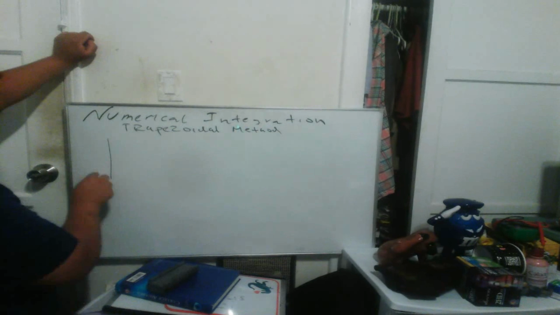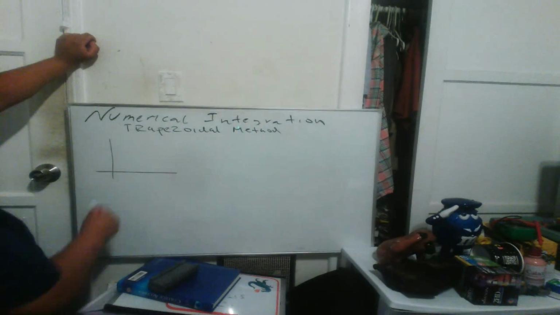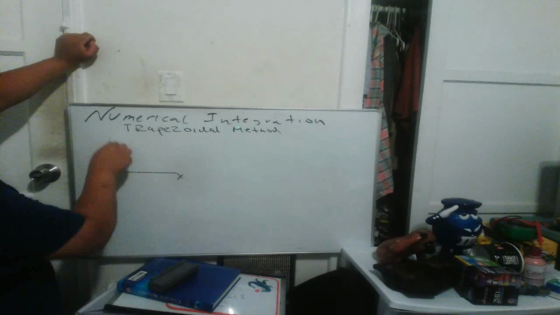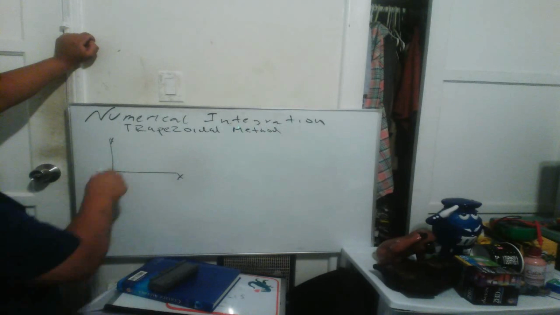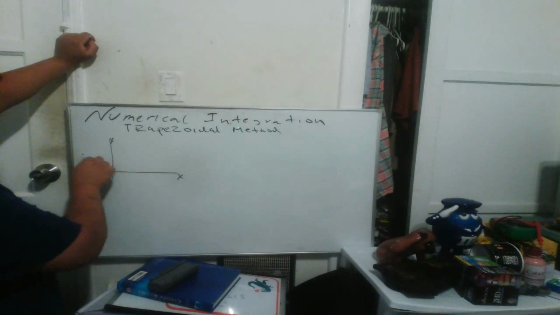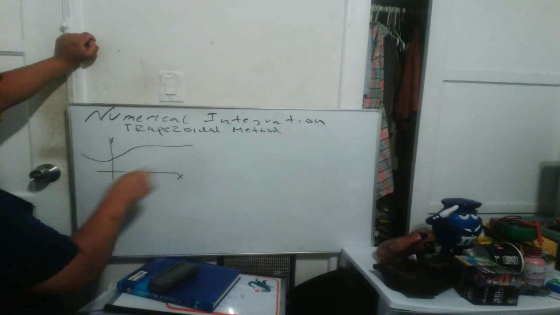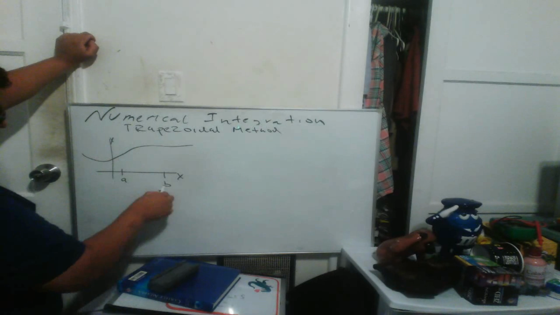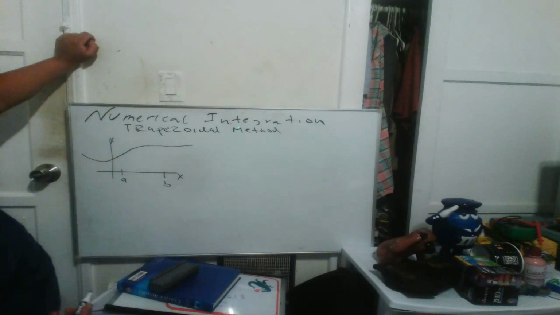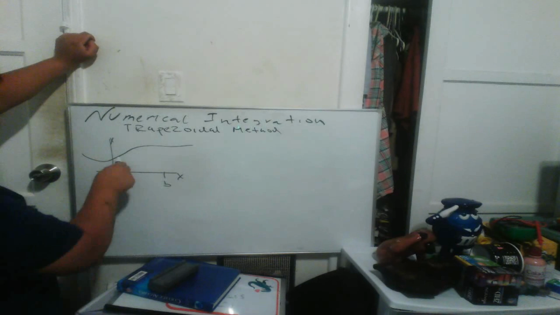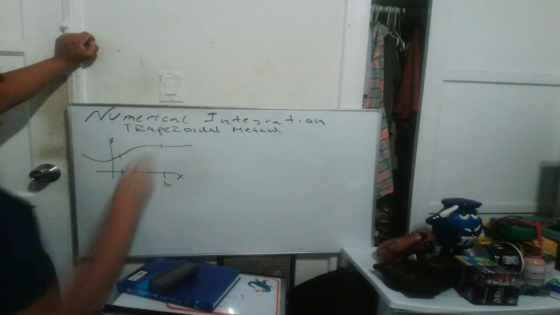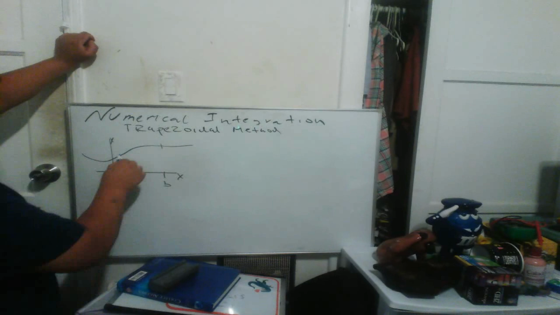So let's say you have a function. This is your x and y axis, and then your function goes something like this, and then you want to know the area of integration between here and here. So we're working with trapezoids.